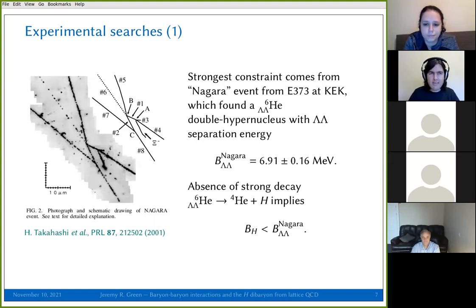The idea is that if there were a deeply bound H-dibaryon, then there would be a strong decay where this hypernucleus would decay to an alpha particle plus H-dibaryon. But instead, the state decayed weakly, a double weak decay. The 2 vertices are here and here. And this implies that if there is an H-dibaryon, its binding energy is less than about 7 MeV.